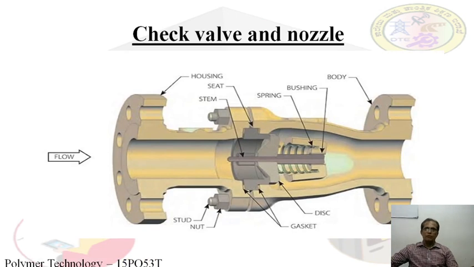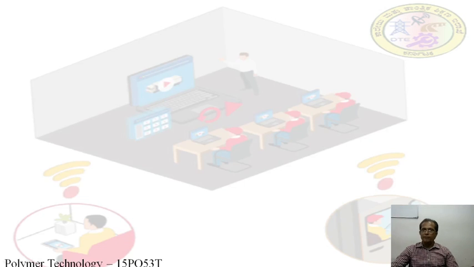This is the cross-section diagram of the cut section of the nozzle check valve. The flow is from this direction, it will flow like this. Here the one-way valve is provided.